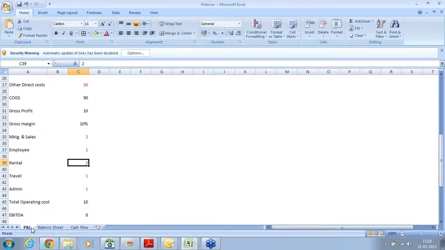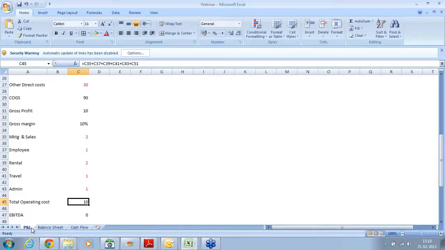Look at the costs I have to reduce, but it's easy to do in an Excel spreadsheet. But in real life, can you actually reduce it? If you reduce your employee cost like this, will your employees be with you? If you reduce your rental, your landlord will kick you out. So it is not that simple to reduce these costs. There are some costs where you have control, some you don't have control over. So keep that in mind.